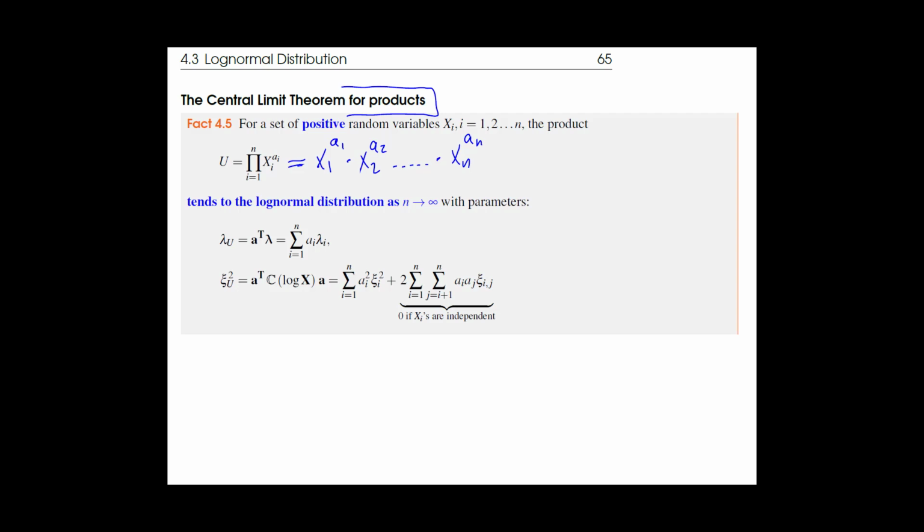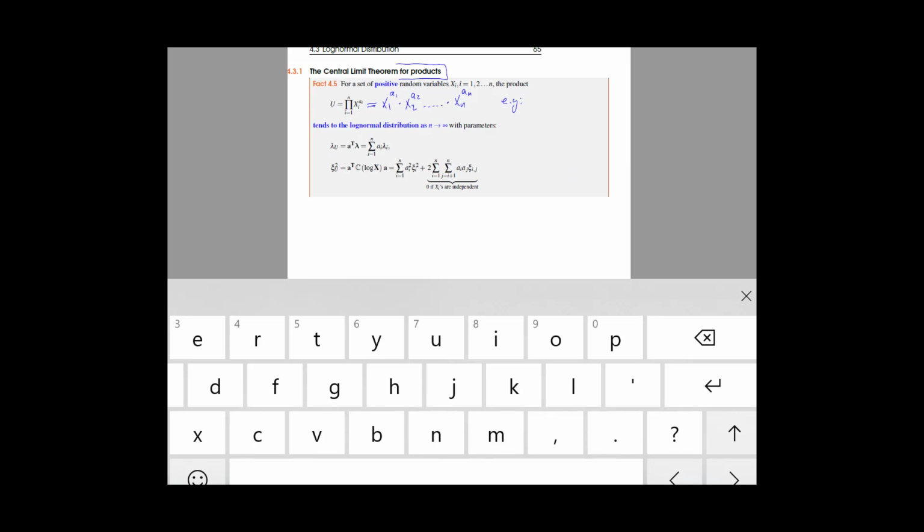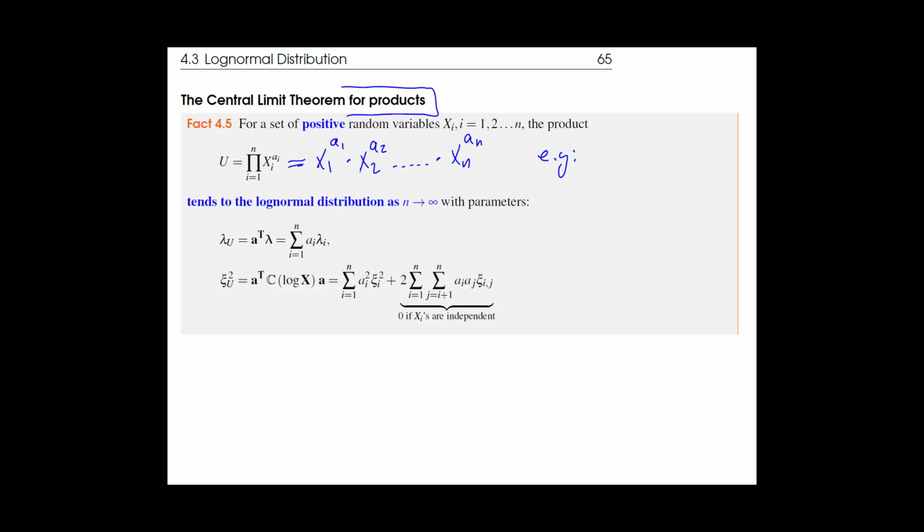For example, an easy one: x1 divided by x2. In this case, obviously a1 is 1 and a2 is negative 1.